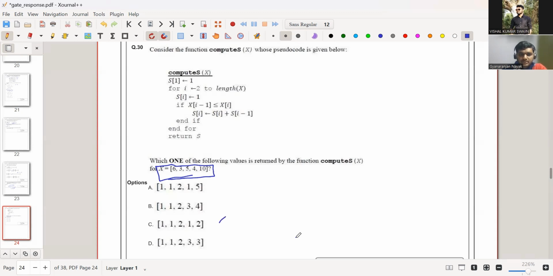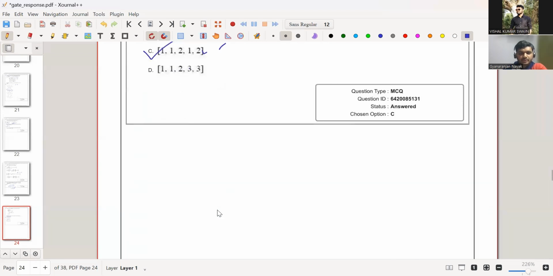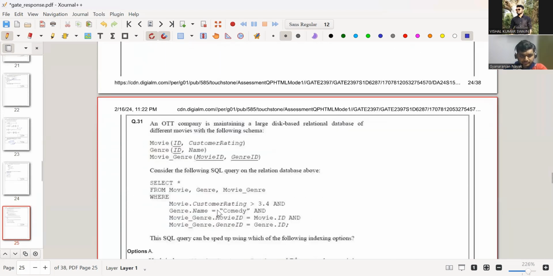Here you notice, if you apply this program, then the output is option C. You run it accordingly and find the answer C step by step. So we proceed for next.